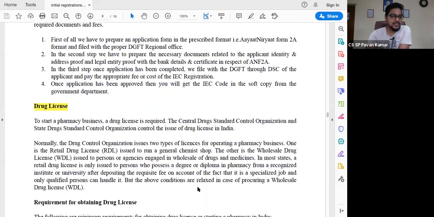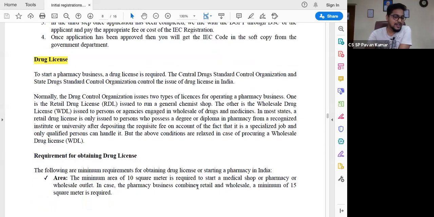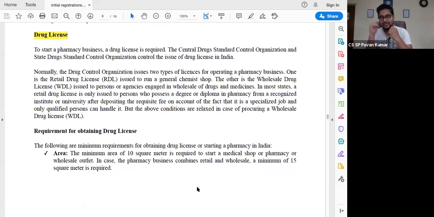Coming to the next one, your drug license. Whenever I'm going to have a medical shop, a chemist shop, there are certain requirements. I can have a medical shop or a pharmacy, the way it is called.